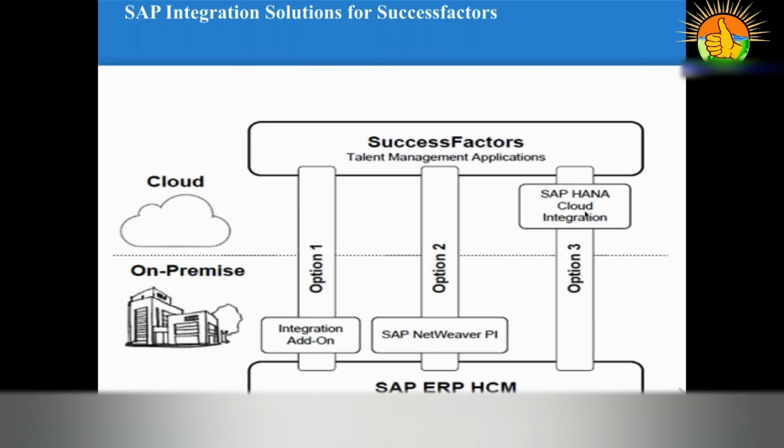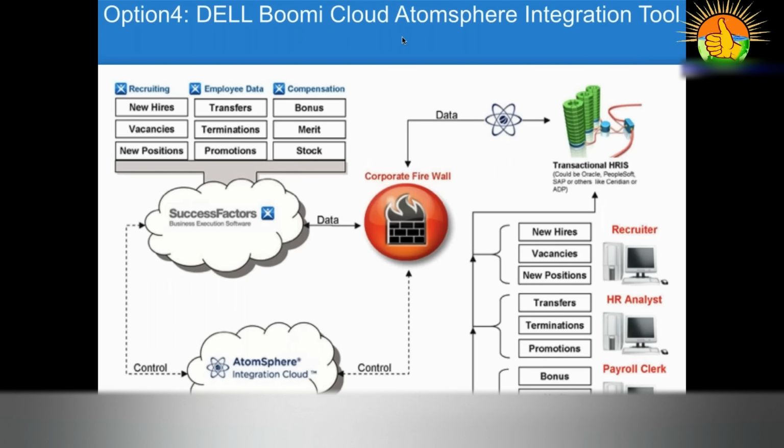And one more is called the Dell Boomi Cloud Atomsphere integration tool. This is a readily available tool in the market which will itself speak to HCM and any traditional HRIS system, and it will communicate to the outside. That is, it is already designed in a way that it will communicate to SuccessFactors.